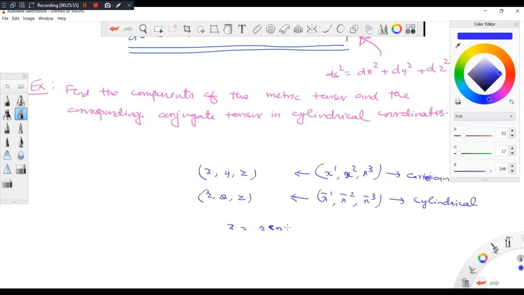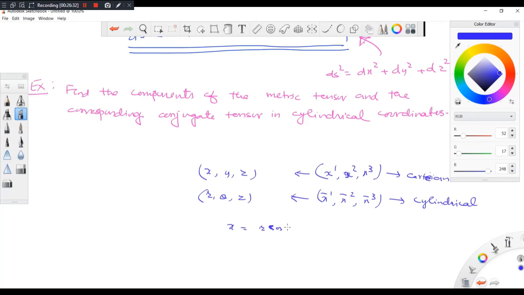So you know the transformation equations and you know the coordinates. So you can find out G bar ij first, then G bar ij upper next. And then you write ds square, the metric also you write down. I tell you that you will get the metric as ds square is equal to dr square plus r square d theta square plus dz square. Show that you are getting this answer.